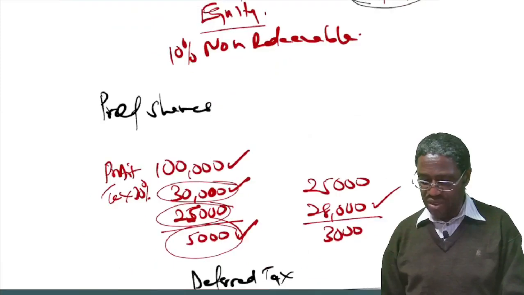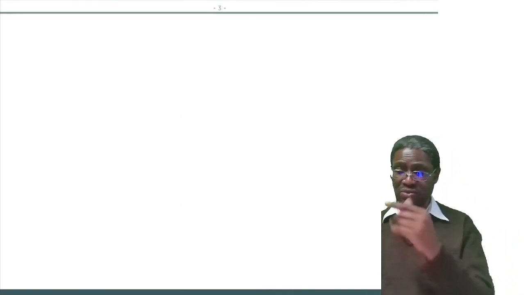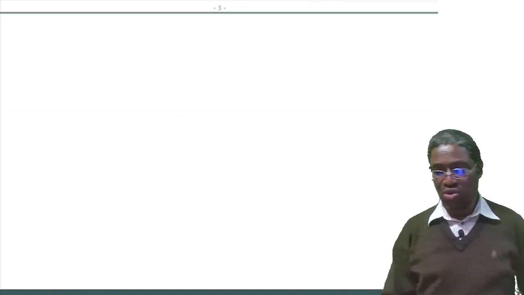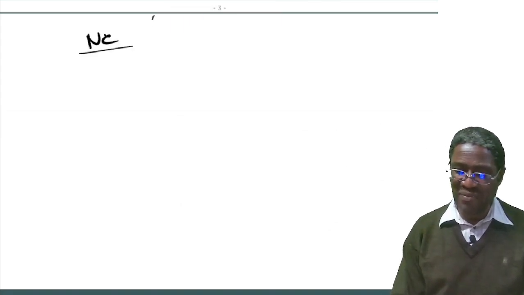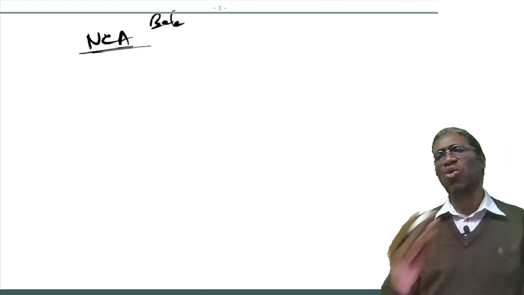So allow me now, before I discuss the small rules concerning balance sheet for publication, you all remember how you are preparing balance sheet for financial accounting. You have to start with non-current assets, which we also call fixed assets.